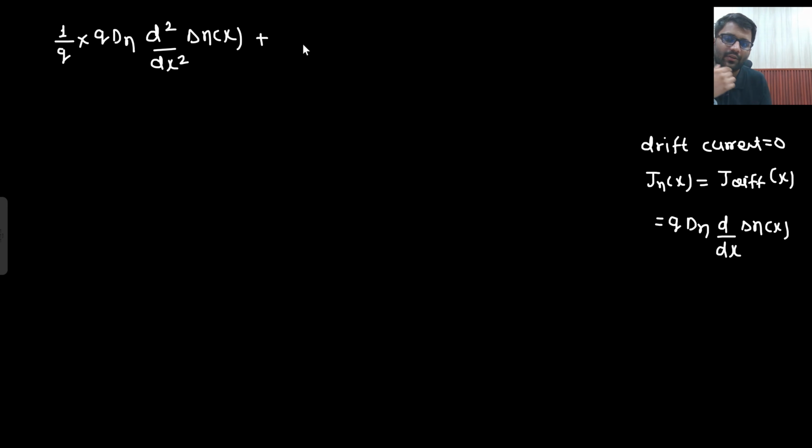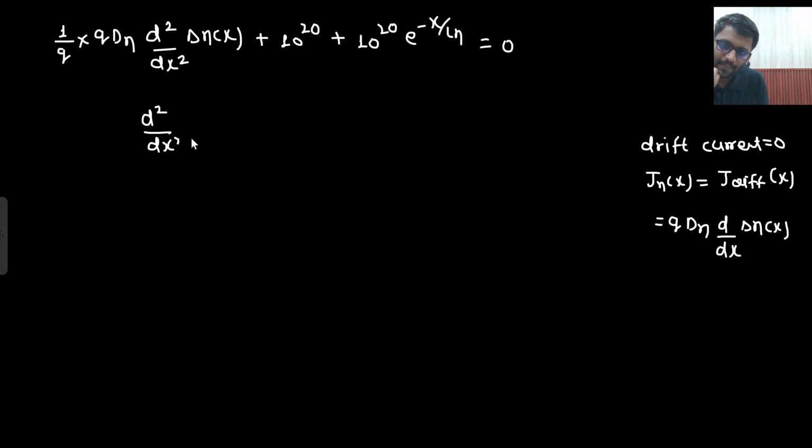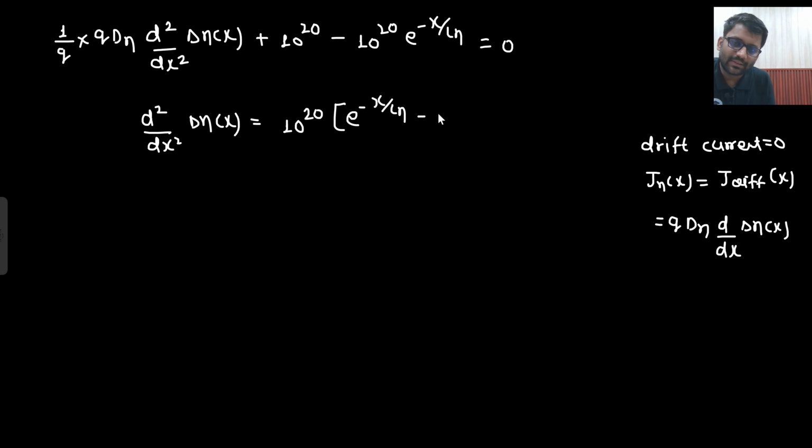What is the generation rate? 10 to the power 20. And what is the recombination rate? 10 to the power 20 e to the power minus x by Ln, and that is equal to 0. So what I can see here, q and q will get cancelled out. Dn I can throw on the other side. So d square delta Nx by dx square is given as 10 to the power 20 (e to the power minus x by Ln minus 1) divided by Dn.